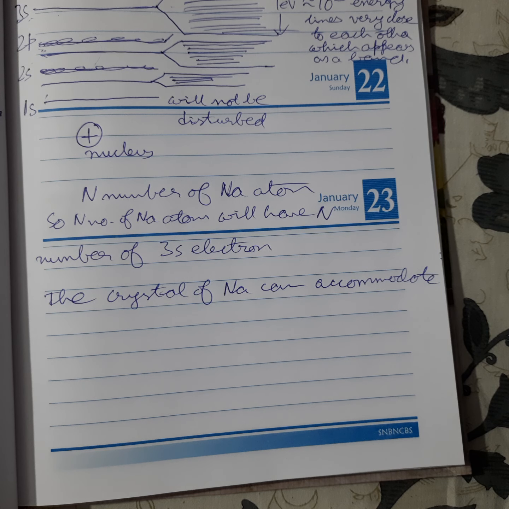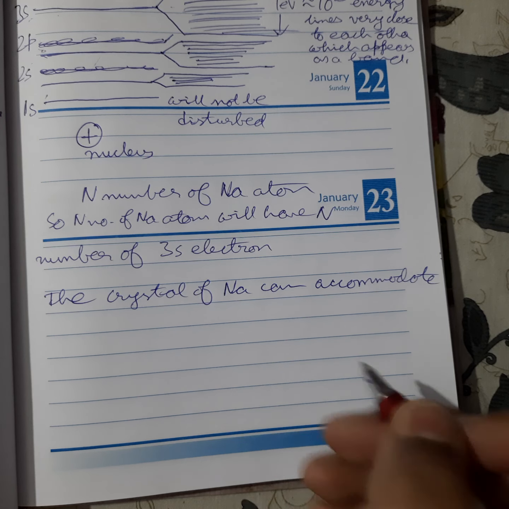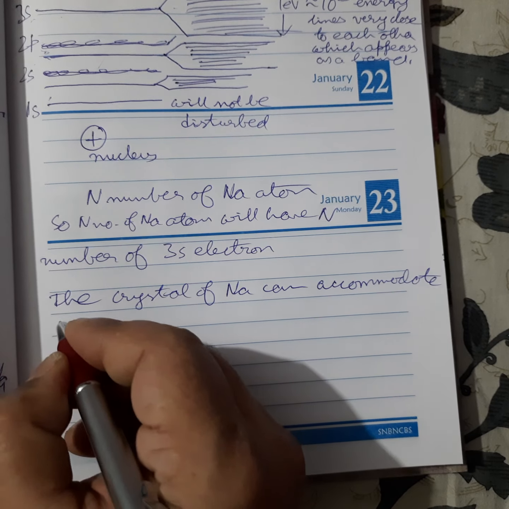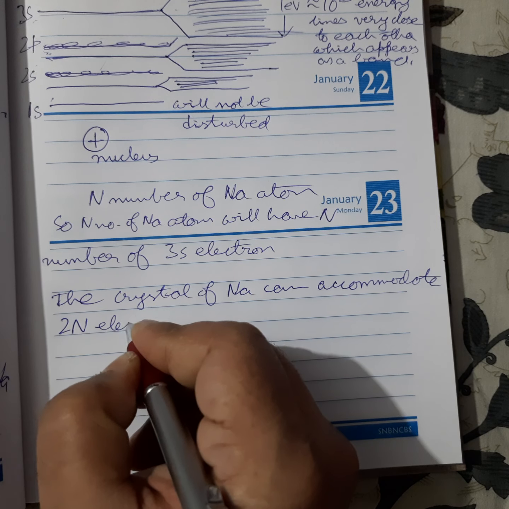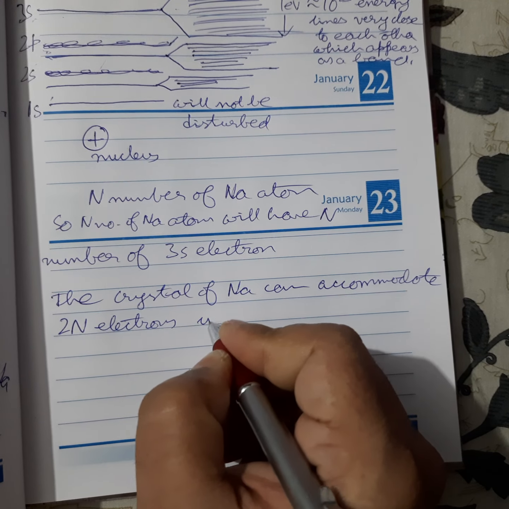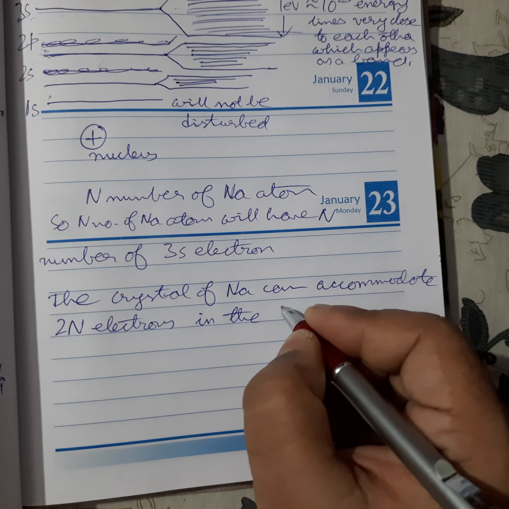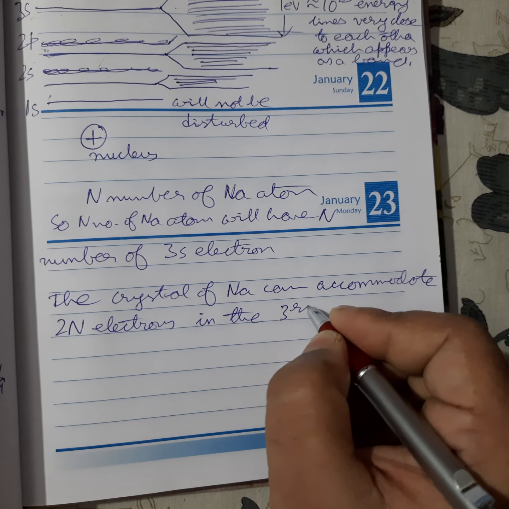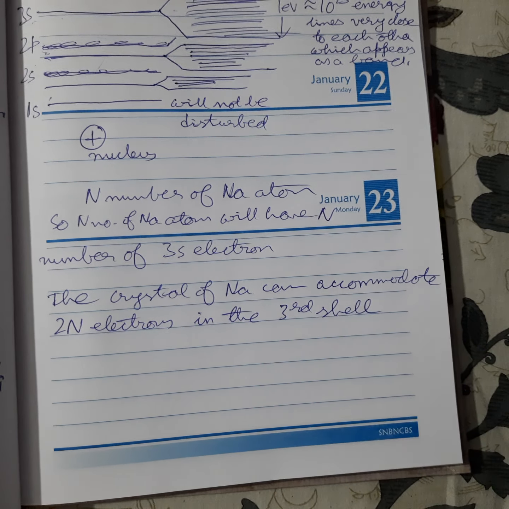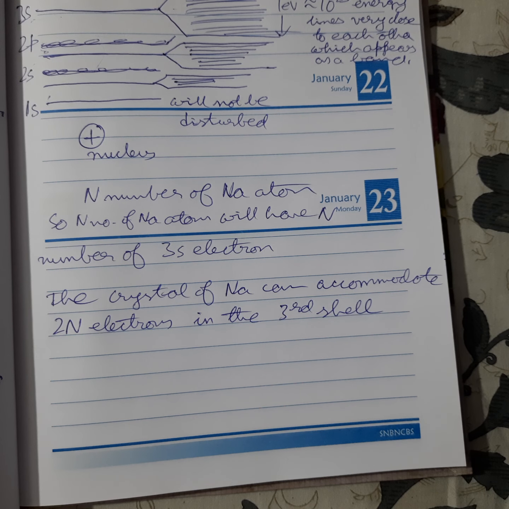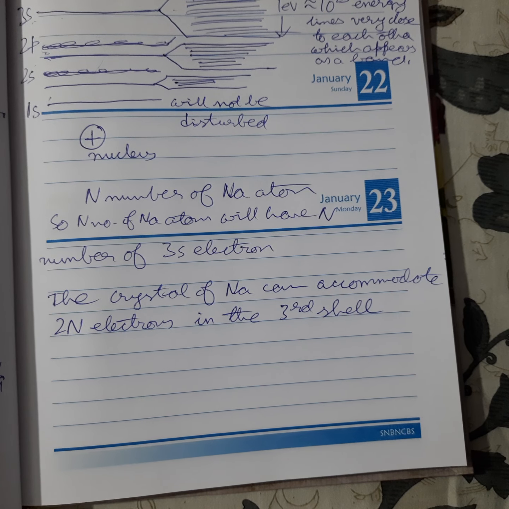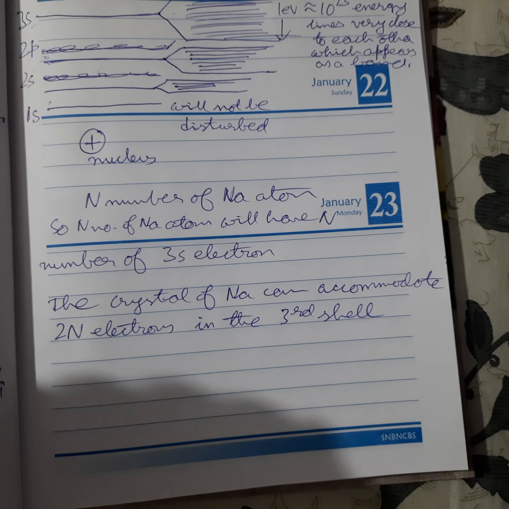One single isolated atom can accommodate two electrons, so the crystal can accommodate 2n electrons in the third shell. The crystal of sodium can accommodate 2n electrons in the third shell. Okay, can accommodate means it has provision.